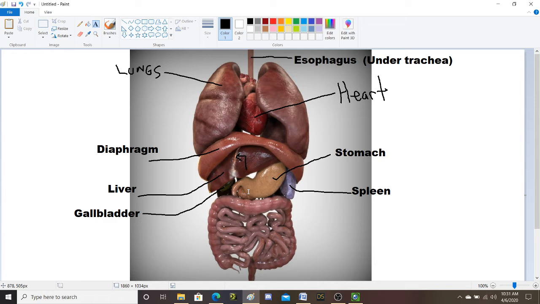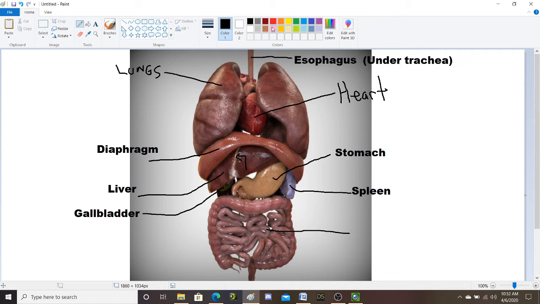Then as we move down from the stomach, the food is going to leave your stomach and enter your small intestine. The small intestine is all of this here in the middle. It's named the small intestine because of its diameter. It's actually very long.